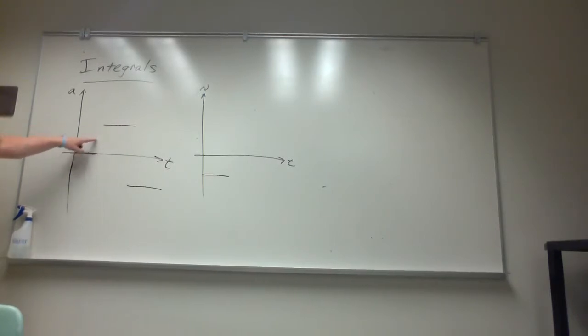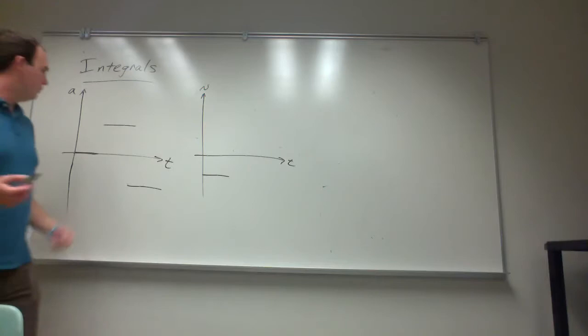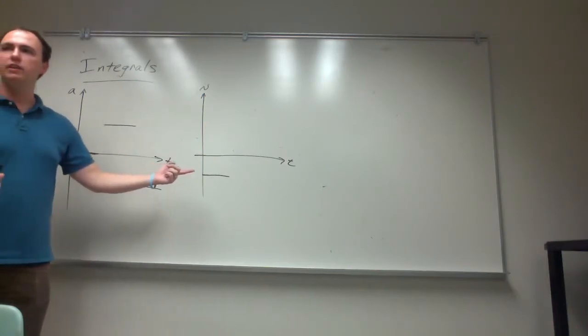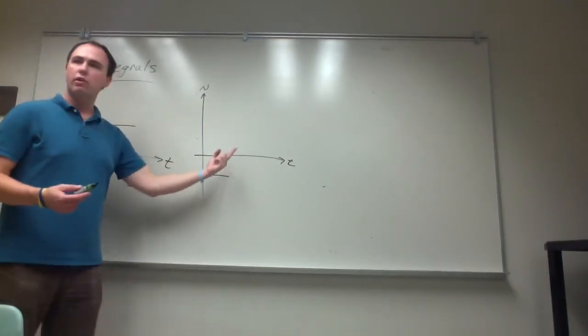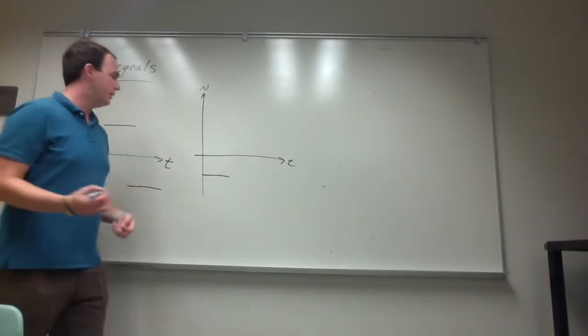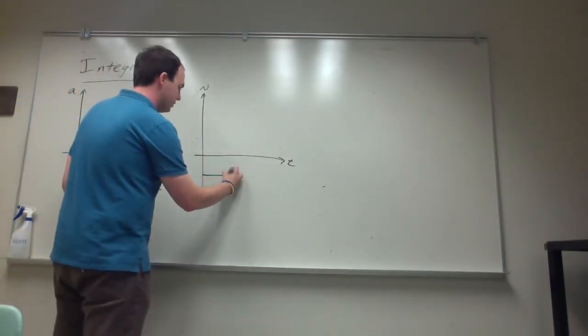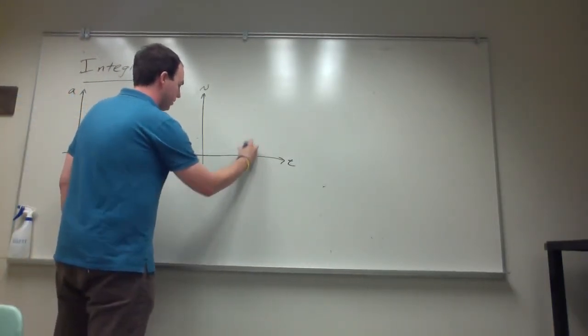So how about for this section? I have a positive acceleration. What does the velocity look like? Positive slope. And since this is a constant, the slope's going to be constant, so it'll be linear. And again, since we don't know what the starting velocity is, we can't tell if this is going to cross 0 or not. That's information that's not provided by just this plot. So I'll assume it crosses 0.